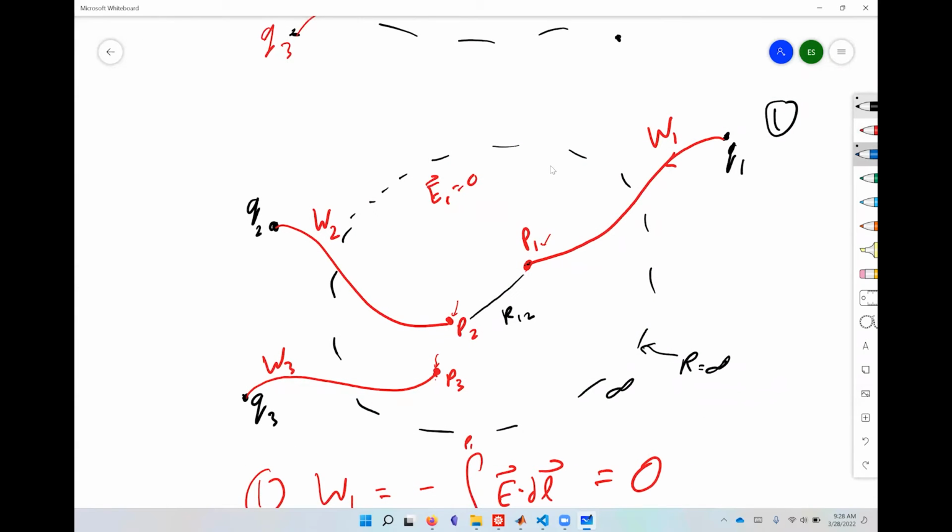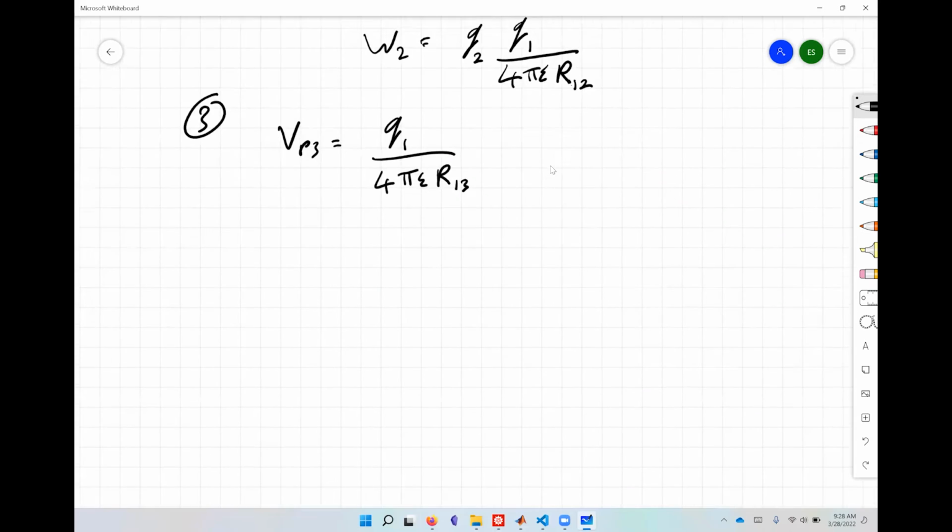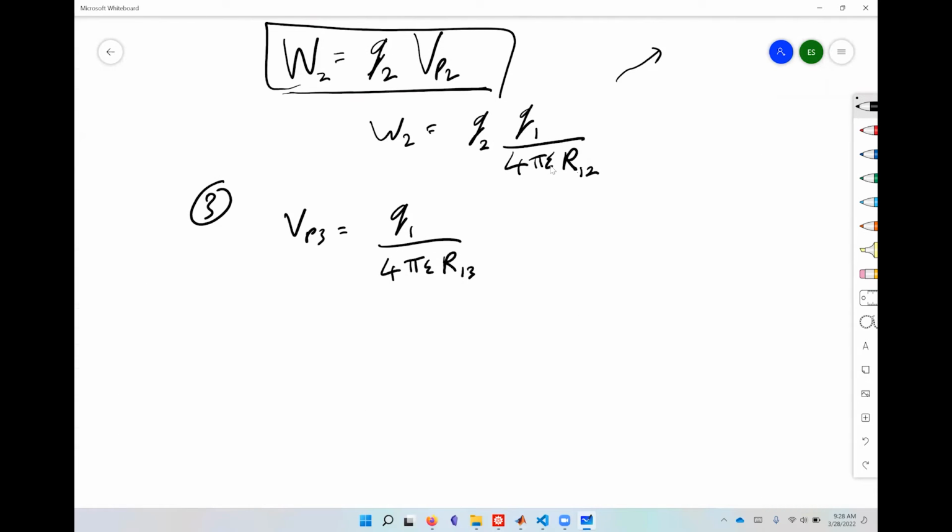R13 is this distance, and then there is R23, this distance. So using superposition, this is going to be Q1 plus Q2 over 4 pi epsilon R23.